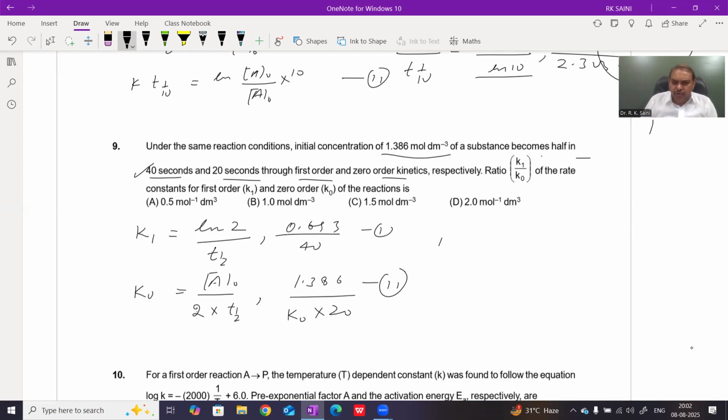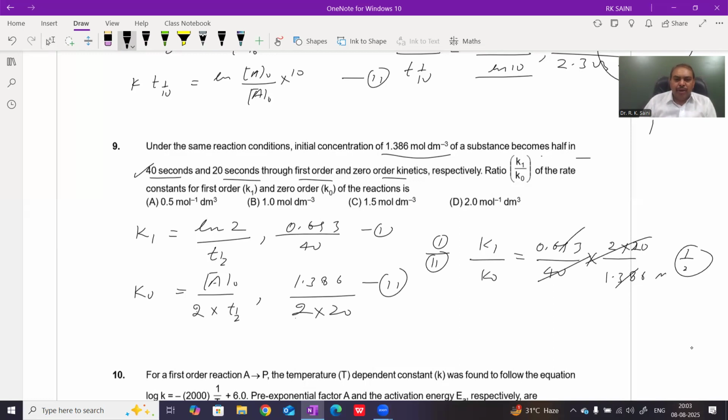Divide equation 1 by 2. Then we obtain K1 upon K naught for zero order as 0.693 upon 40 divided by 1.386 upon 2 into 20, and hence we obtain 1/2 m, which is 0.5 m. The answer is A.